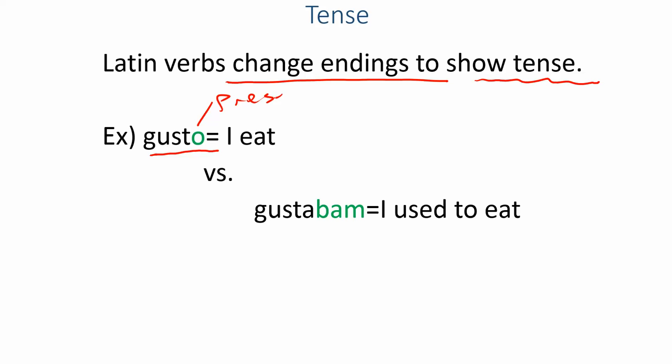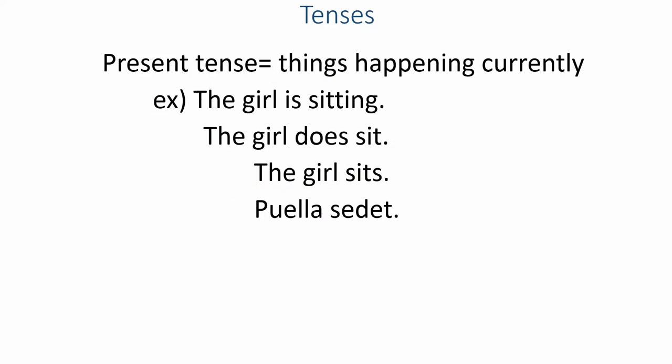This is what we're focused on, and says I eat, versus gustabam, which still says I, the person's the same, but it's past tense, used to eat. We're focused on present tense, things happening currently.